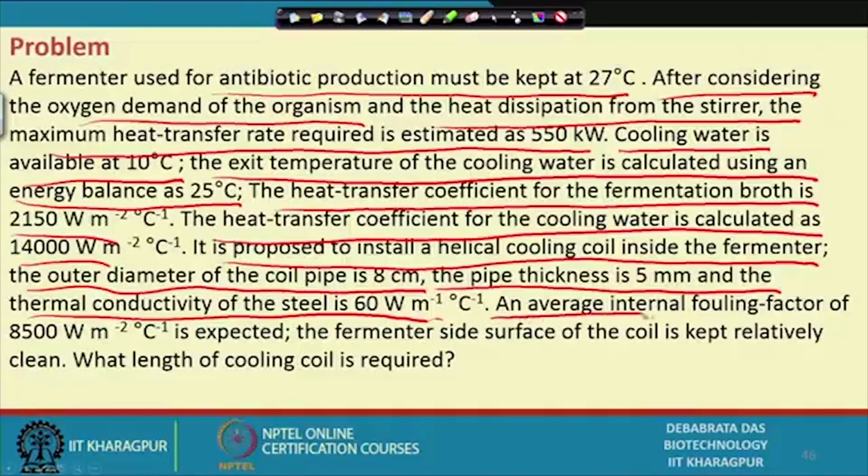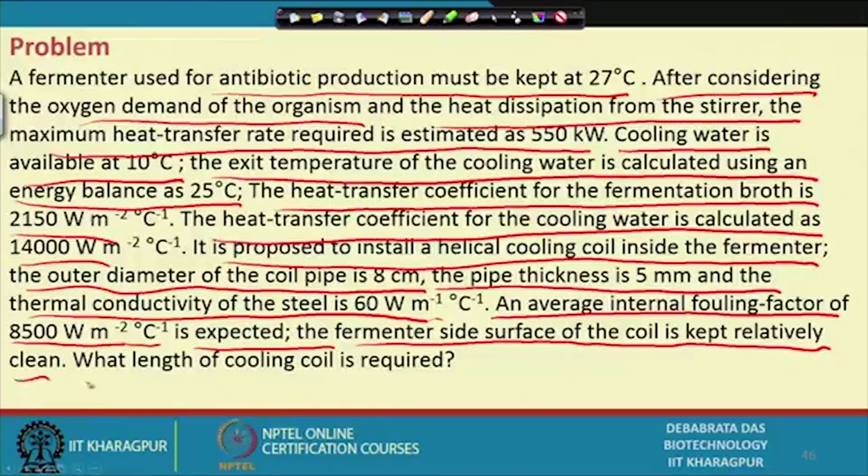An average internal fouling factor of 88,500 watt per square meter per degree is expected, and the fermenter side surface of the coil is kept relatively clean. What length of cooling coil is required?